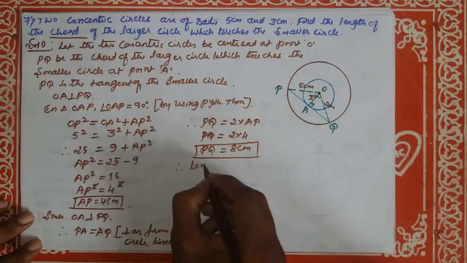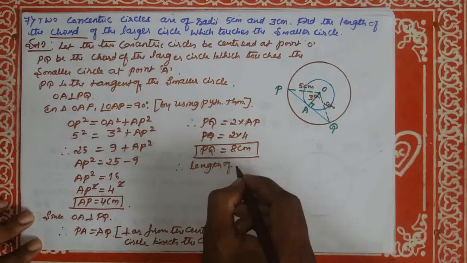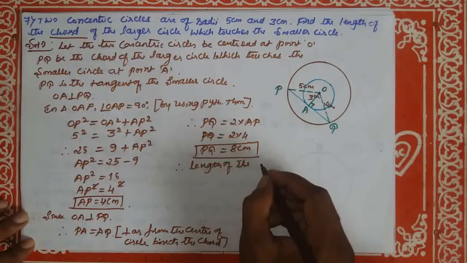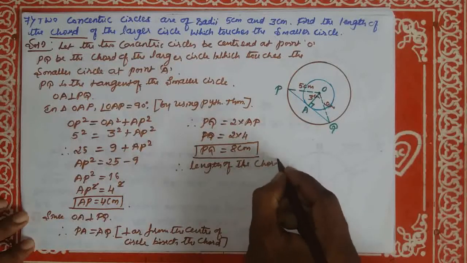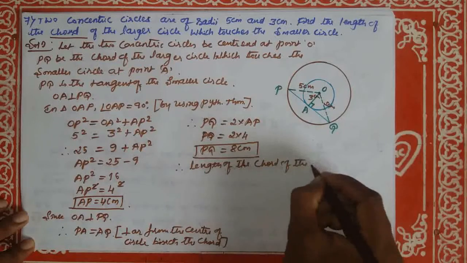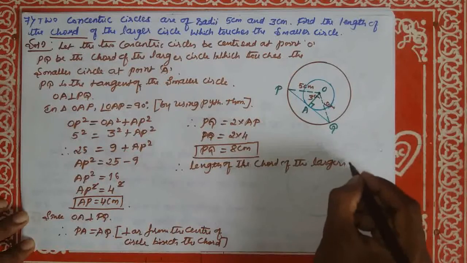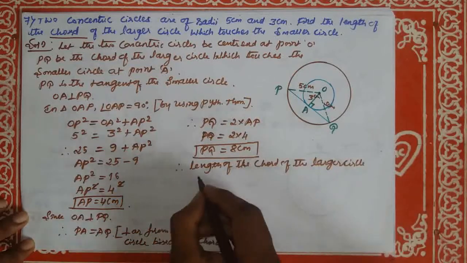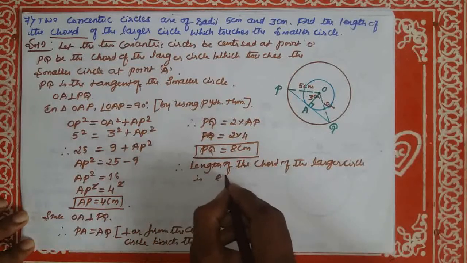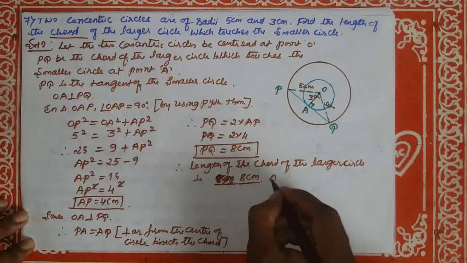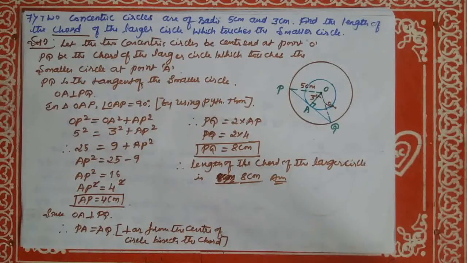Therefore the length of the chord of the larger circle is 8 centimeter. This is the right answer.